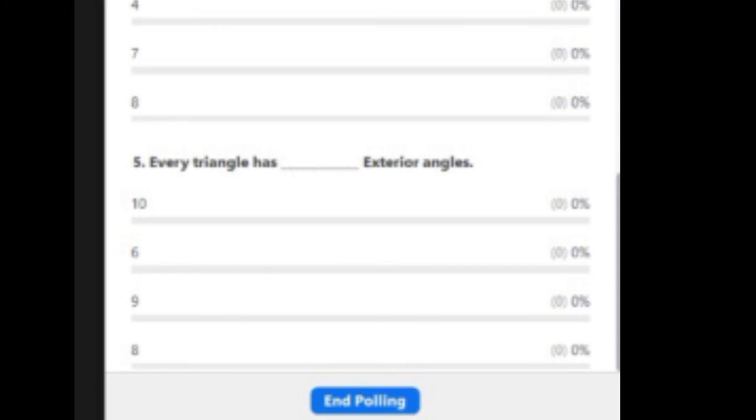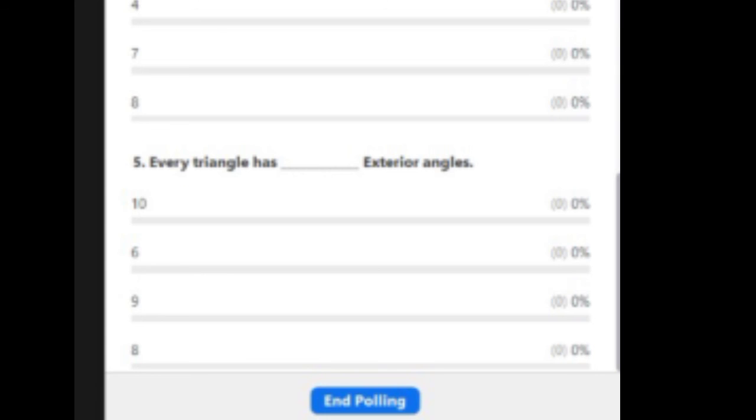Now the last question is: every triangle has dash exterior angles. We did this in yesterday's lecture, children. How many exterior angles does a triangle have in total? Your options are A 10, B 6, C 9 and D 8.